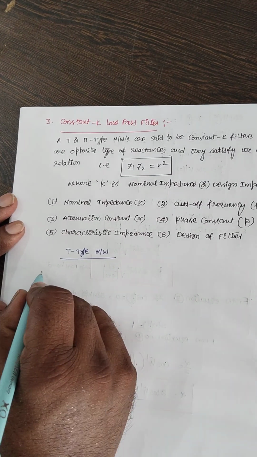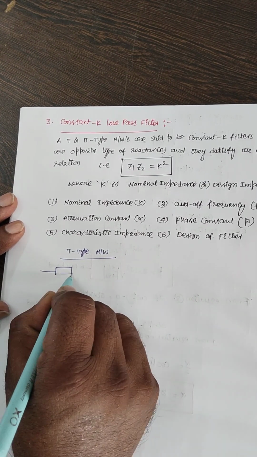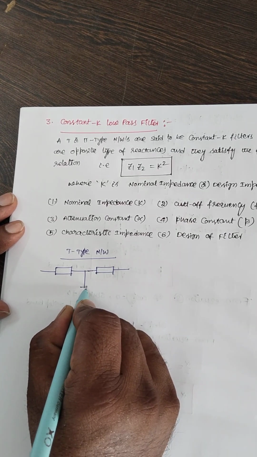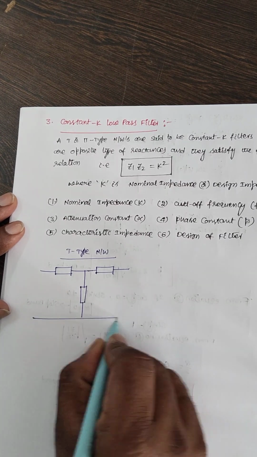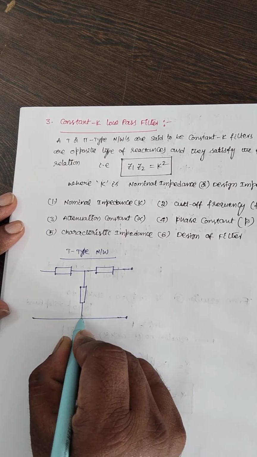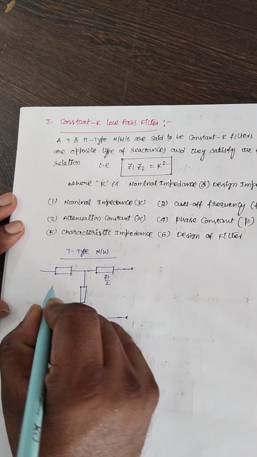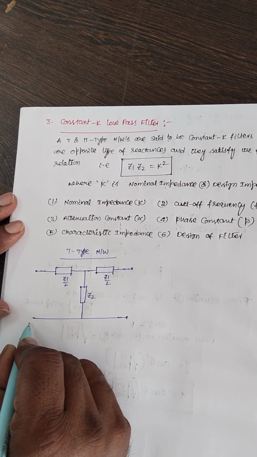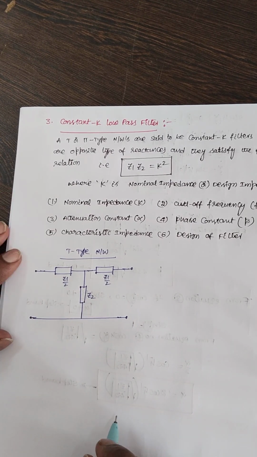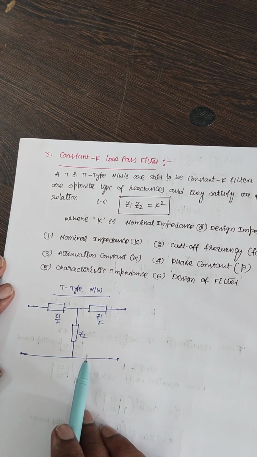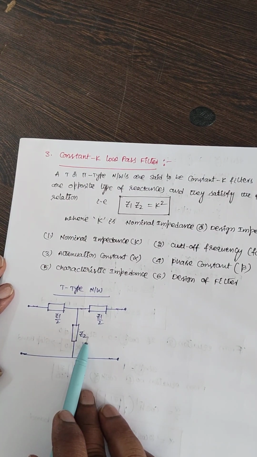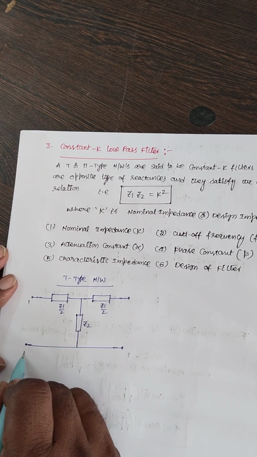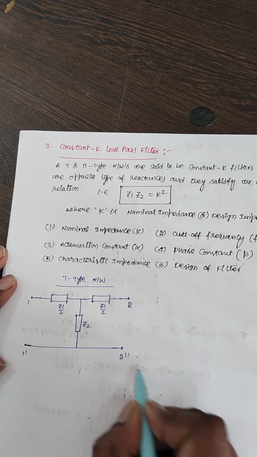As we already discussed, this T type of network has the impedance of Z1 by 2, also Z1 by 2, and Z2. Right. So for this constant K type of filter, these Z1 and Z2 both are opposite type of reactances. It is 1, 1 dash, 2 and 2 dash.